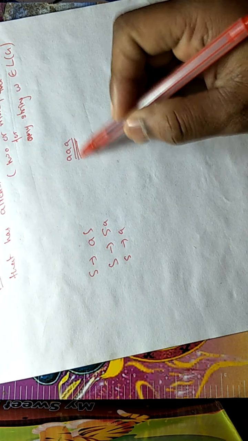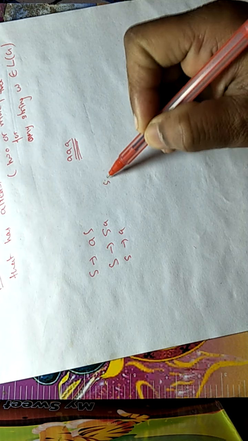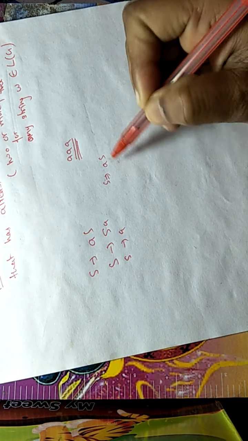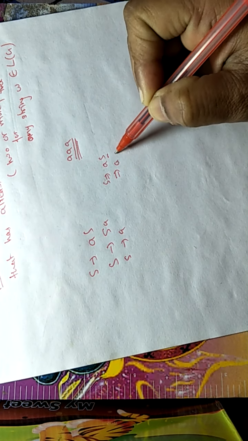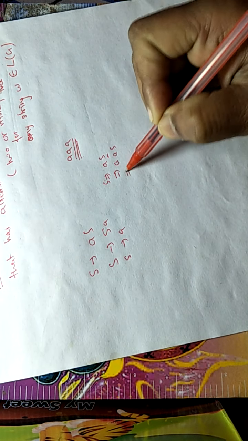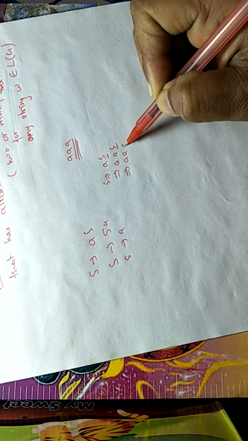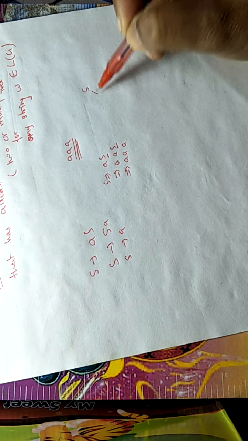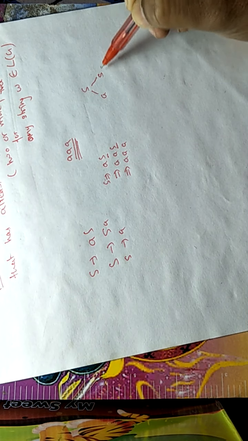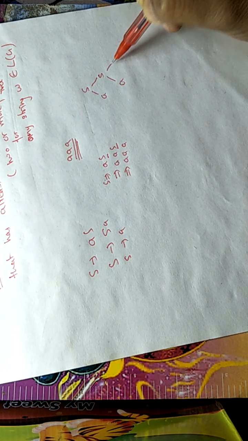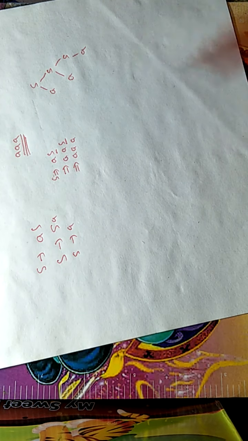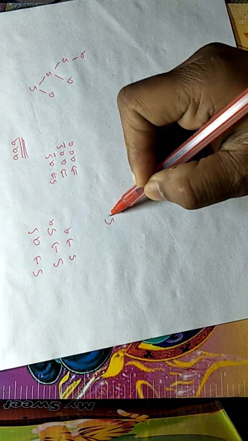So AAA can be derived as S tends to AS, replacing this S by AS again, and replacing this S by A, and the derivation tree will be as S tends to AS, this S tends to AS, and I am replacing it by A. I can derive this string in another way.